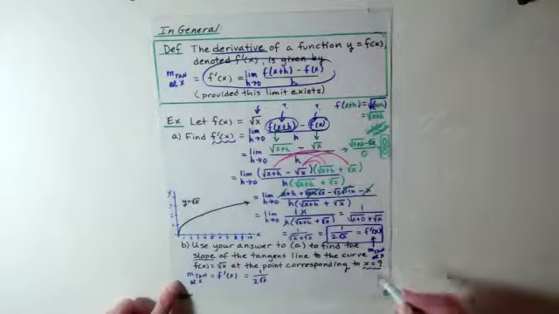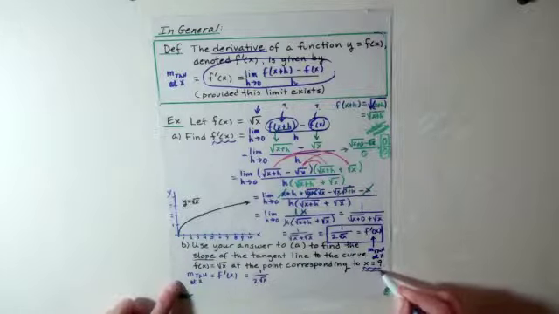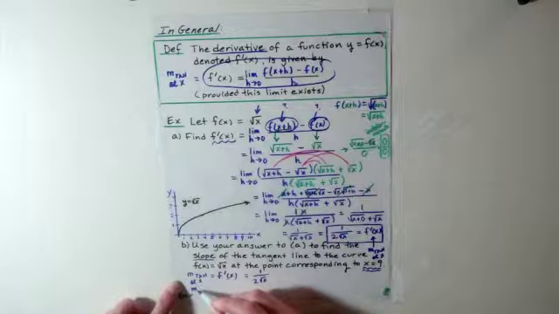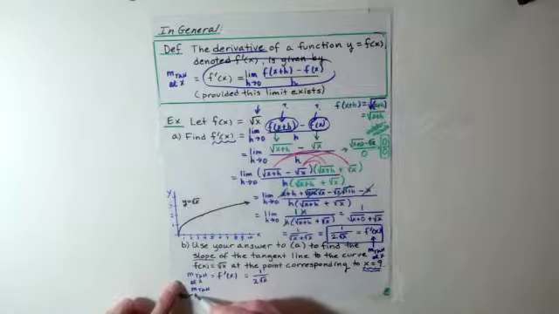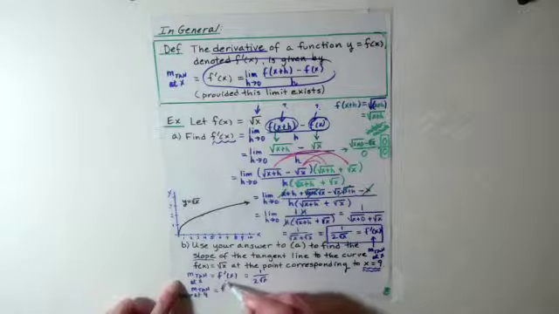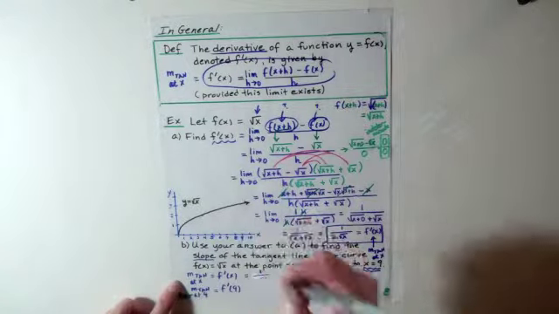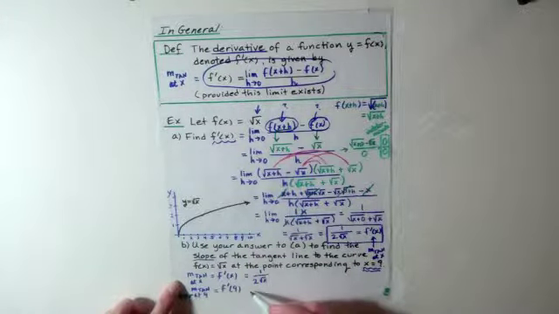So if I want the slope of the tangent line at the point corresponding to x equals 9, all I have to do is replace all of my x's with a 9. The slope of the tangent line at 9 is going to be f prime at 9. It's the derivative of our function evaluated at x equal 9.